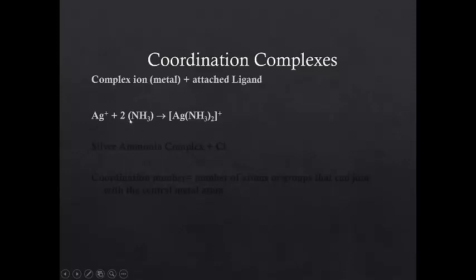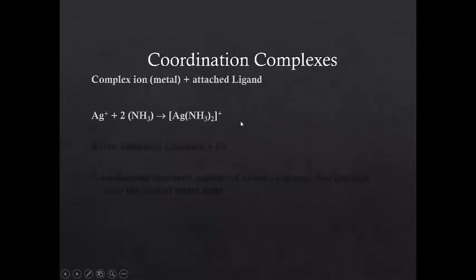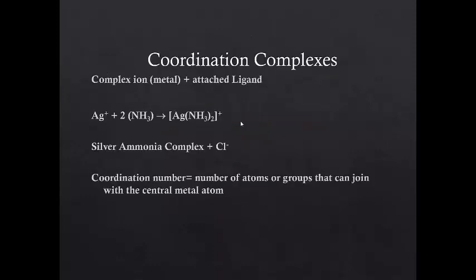The ligand in this case is the NH3, but they will bind together using a covalent bond. So we have our complex ion, our ligand, and then we have a coordination number.